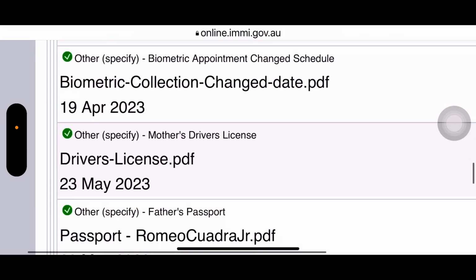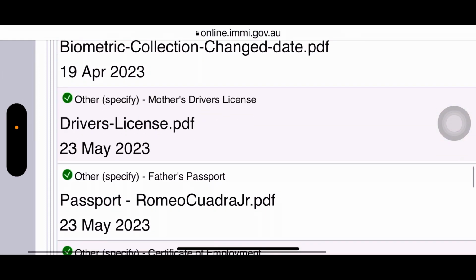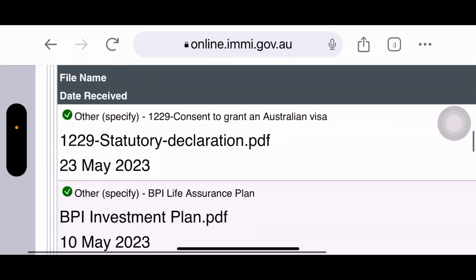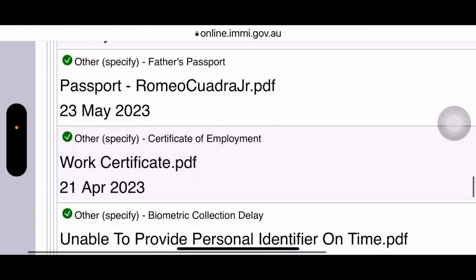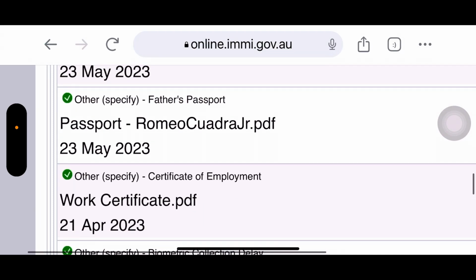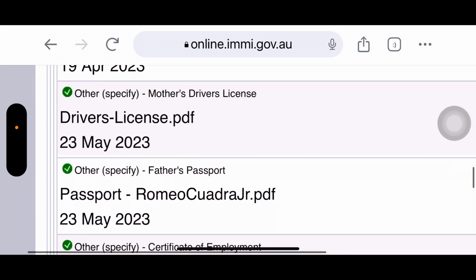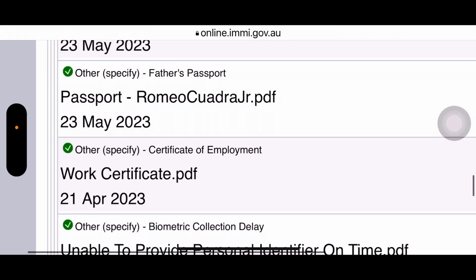We also provided the driver's license and passport. If you provide the 1229 statutory declaration form, you also have to provide corresponding identification for both parents, like passport and driver's license.